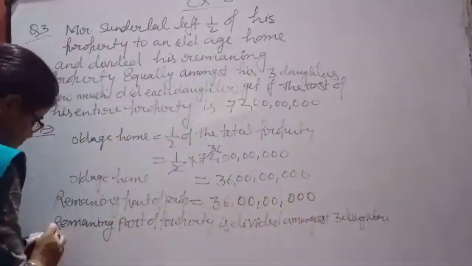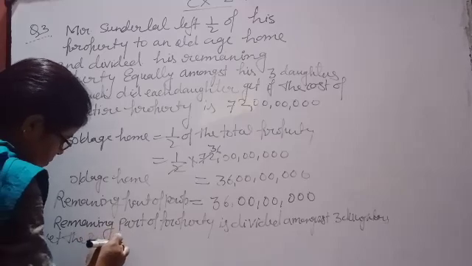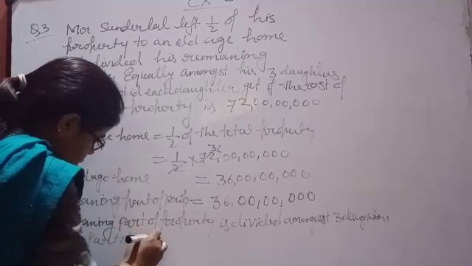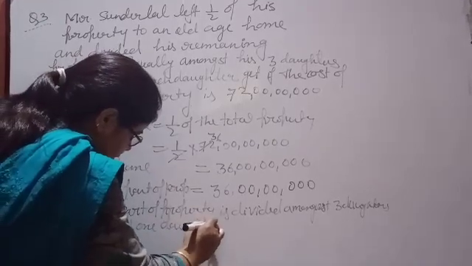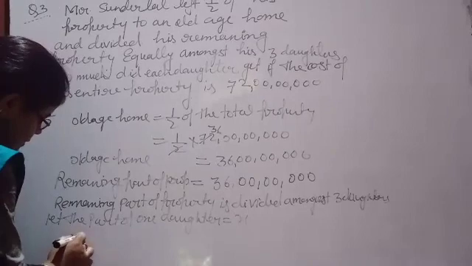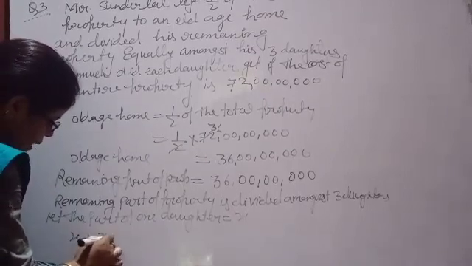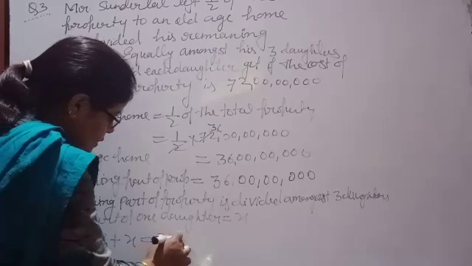Let the part of one daughter be x, then the second daughter will also get x, the third daughter will also get x, which is equal to 36.